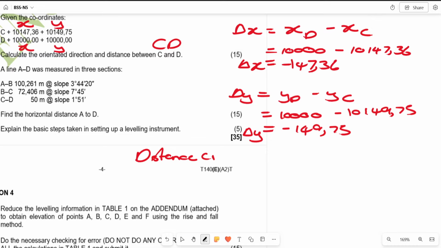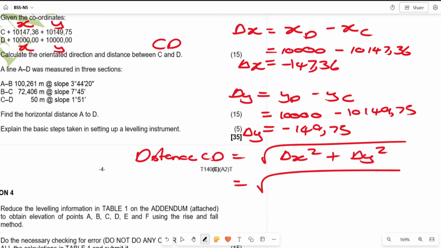right? Distance CD is going to be equal to the square root of delta x squared plus delta y squared, and that is the theorem of Pythagoras, by the way, right? That means we have the hypotenuse, and that is actually our hypotenuse. These will be the lengths of the sides. So our delta x is minus 147.36, right, squared plus minus 149.75 squared, like that.